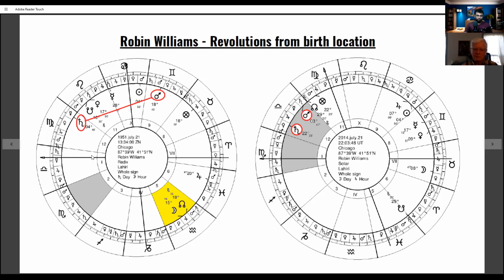In the natal chart, the ruler of Sagittarius, Jupiter, is placed in the bounds of Mars in Pisces, still well dignified, but it's in the 12th house, indicating some kind of disease or illness. In the solar revolution chart, you would not say the same thing because Jupiter is well dignified in the ninth house.